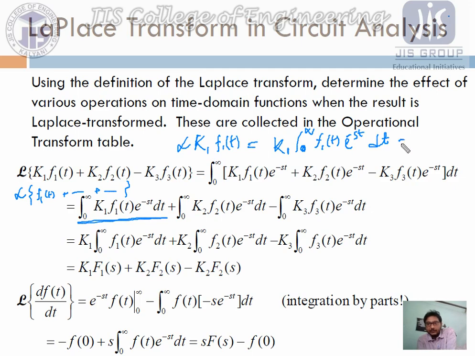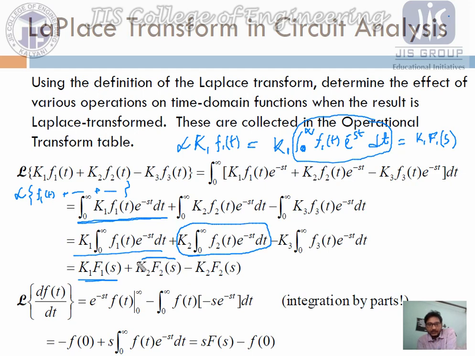At the end we can write k1 times this whole function, that is the Laplace of the first function, as f1 of s. So for each and every function we can write k1 f1 of s. For this function we can write this one, and similarly for this function we can write this one.